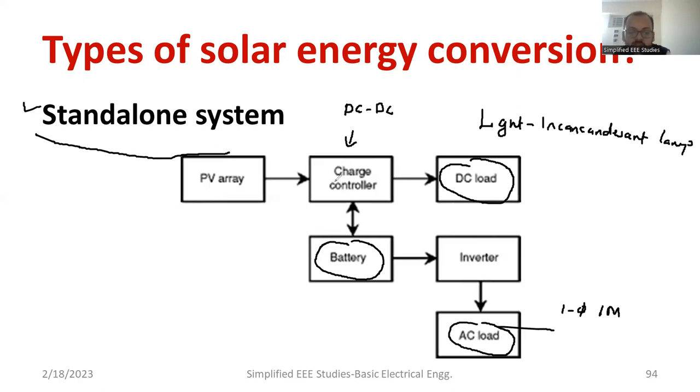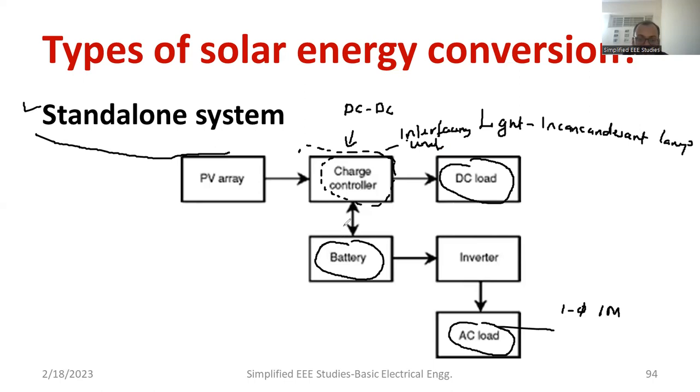So using the charge controller, the unregulated DC power supply from the PV array is converted into regulated DC power supply, and that will be directly given to the DC load. So the charge controller acts as an interfacing device. It is connected between the PV array and the load. Let me write it as interfacing unit. You can note this down.